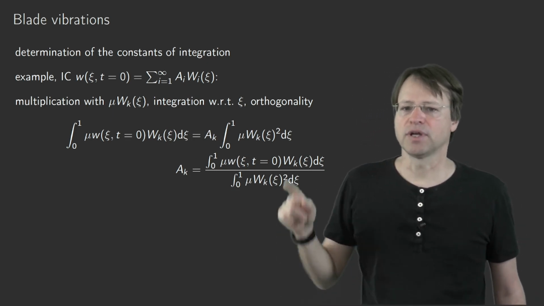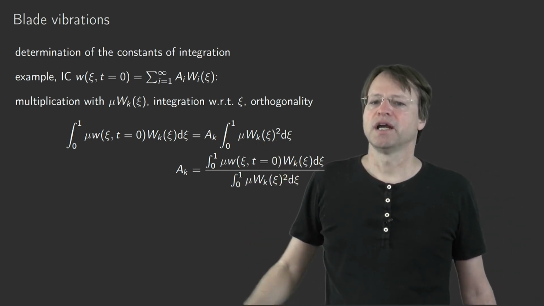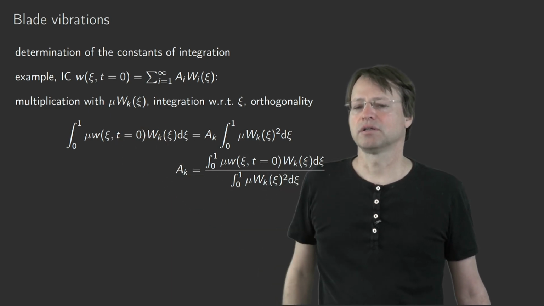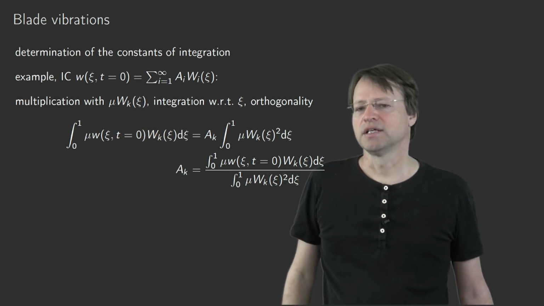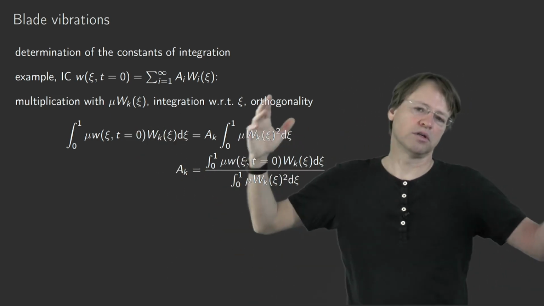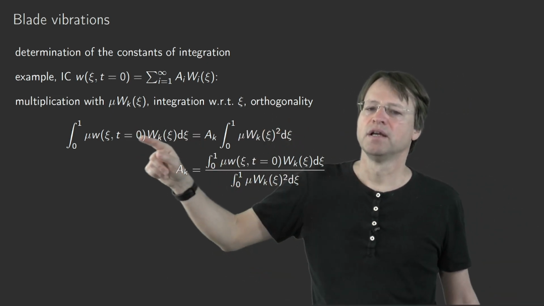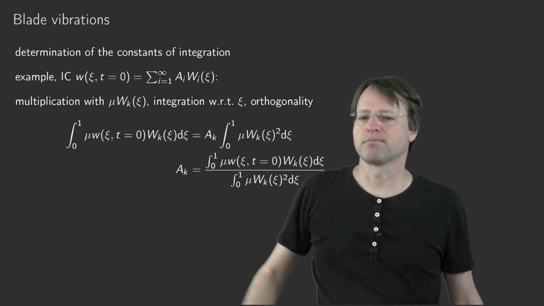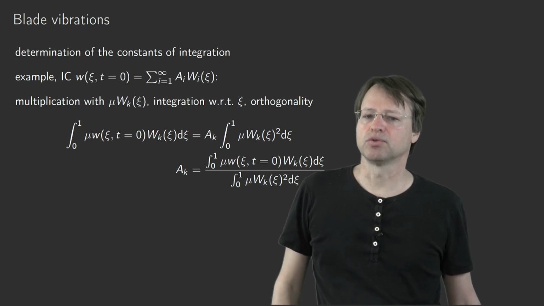Yeah? And you can determine that coefficient, and it is then mu for that function lowercase w of psi at t equal to 0. You put in your prescribed function, let's call it f of psi here, multiply by mu, multiply or project on the kth mode and integrate it from 0 to 1.